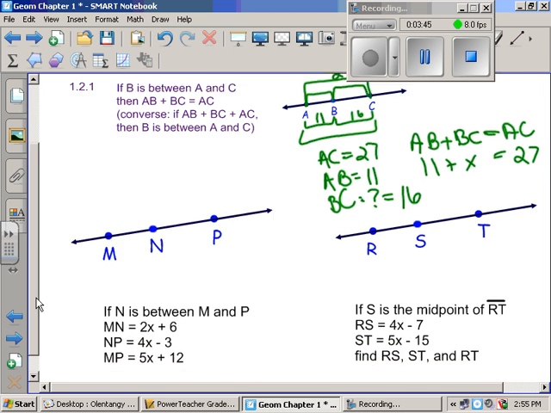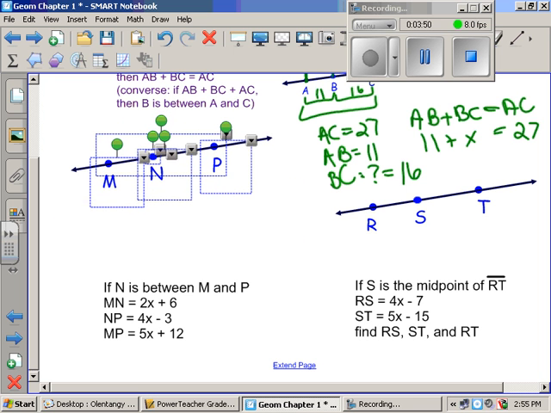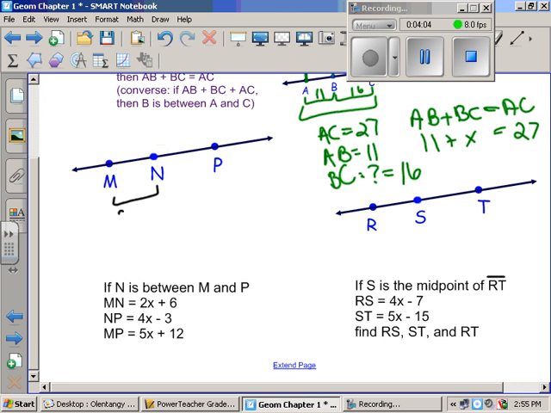So that's just with numbers. But if we were going to have some real fun and put it with equations, instead of just saying that MN is a number, we're going to say MN is an equation, 2x plus 6. So MN is 2x plus 6, and NP is 4x minus 3, and MP, the whole thing, is 5x plus 12.